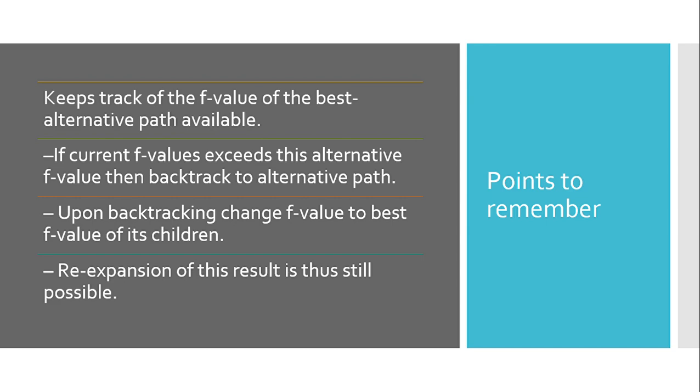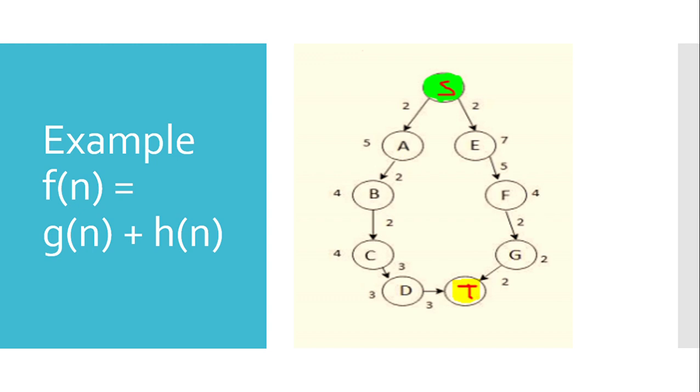Now let us start the RBFS algorithm with one example so that you will have a better idea. The formula for RBFS is f(n) = g(n) + h(n). The g(n) cost, you can see along with the edges, is given in the graph, and the h(n) cost is given beside the nodes. For S and T, h(n) is not given, which means it is 0.